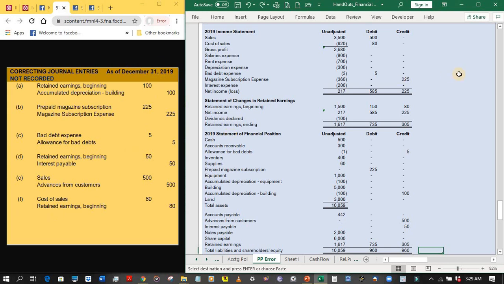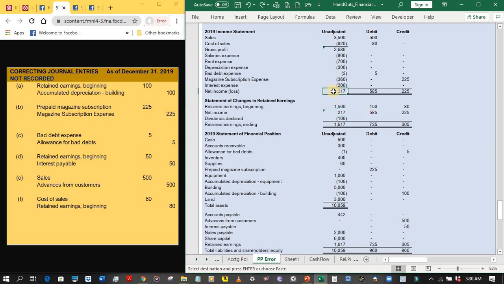For the income statement section, the debit side has a total of 585 and the credit side has a total of 225. These two are adjustments to the 217 net income that is still unadjusted.